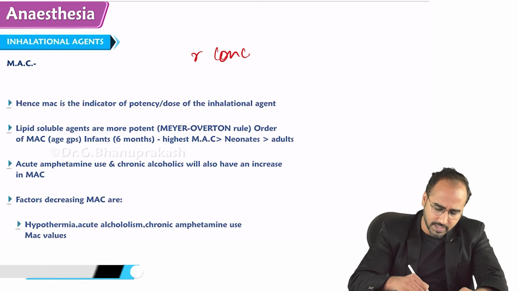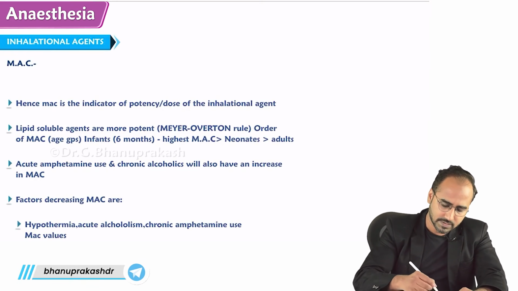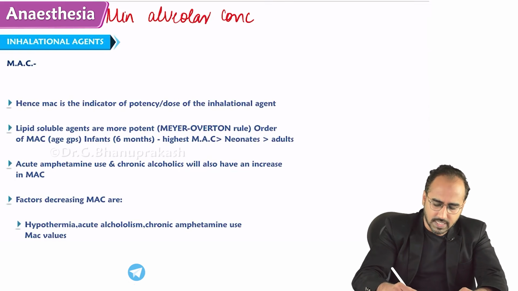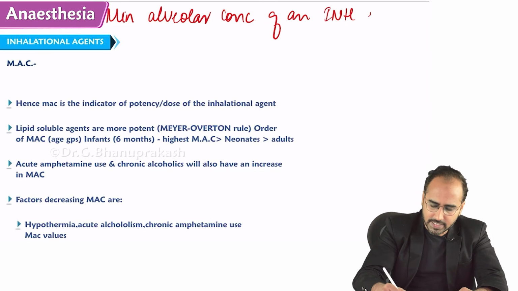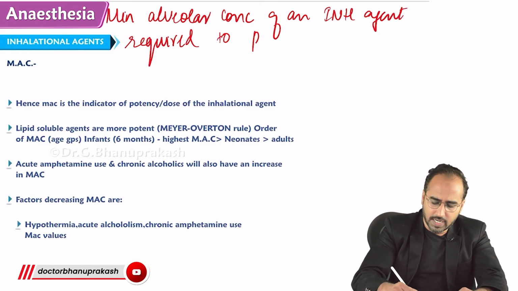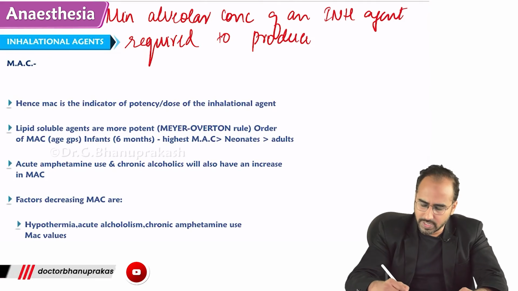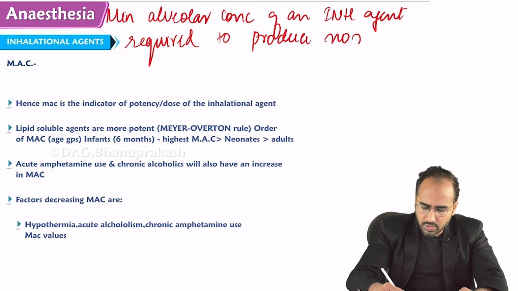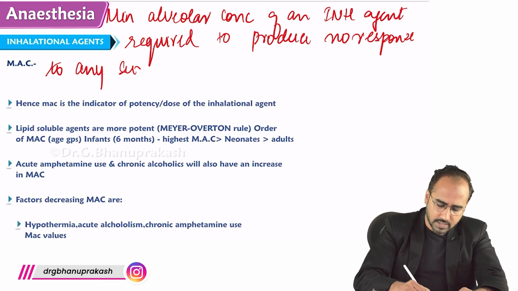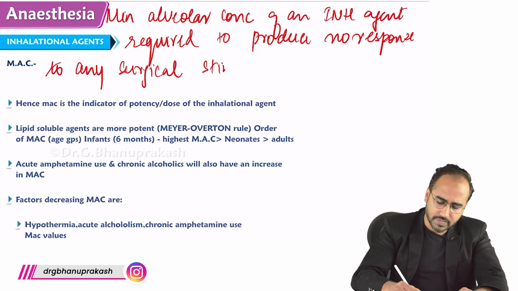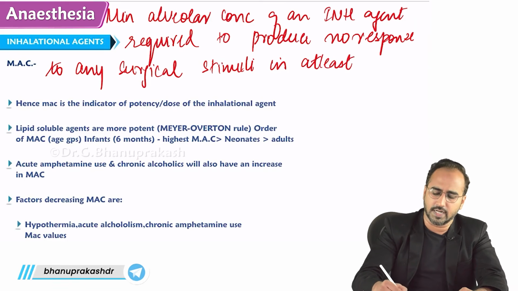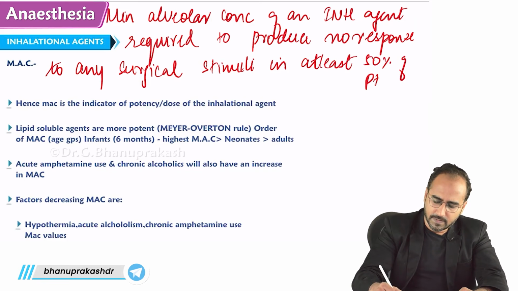We'll write the definition of MAC from here, guys. MAC is the minimal alveolar concentration of an inhalational agent required to produce no response to any surgical stimuli in at least 50% of the patient.